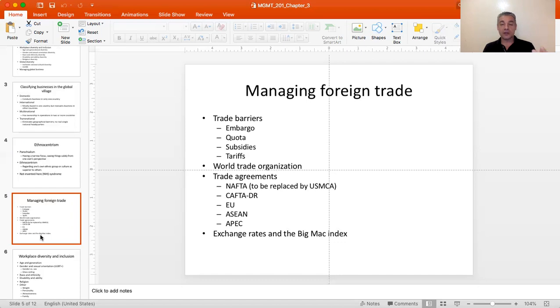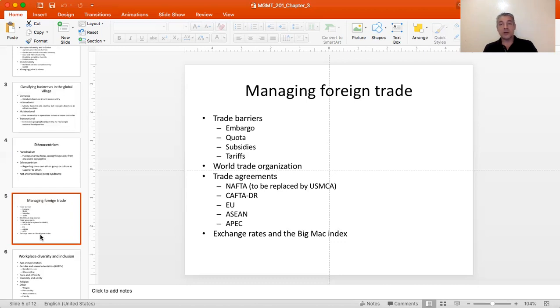By comparing how much the same package will cost in country A and country B, you can come to this exchange rate as measured by a specific product group. And one really interesting way to think about it is the so-called Big Mac index.